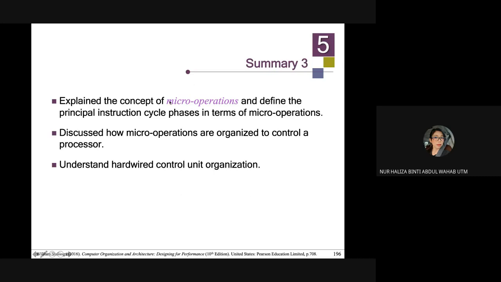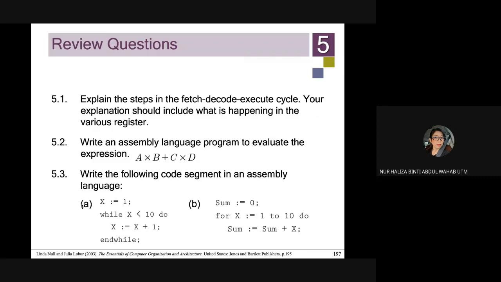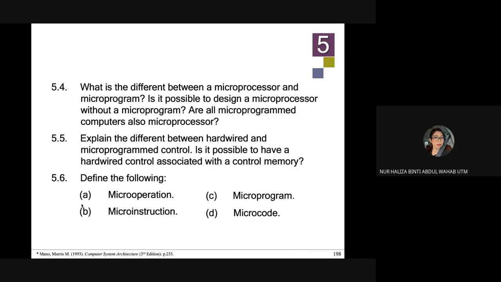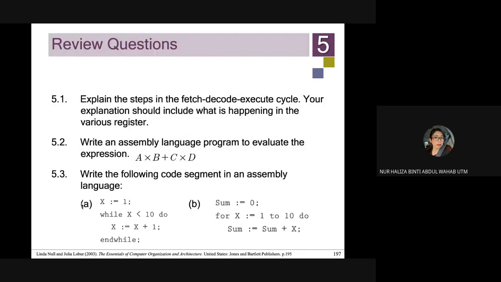Have you understood all these three summarizations? If not, then you need to check back the videos and study that. And you can try to answer the review questions given. If you can answer, it means that you understand all.